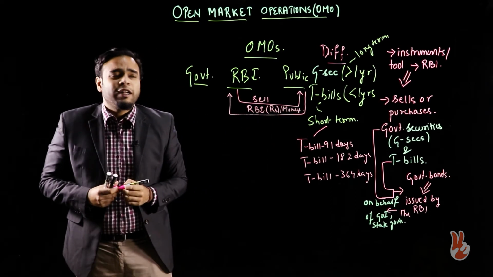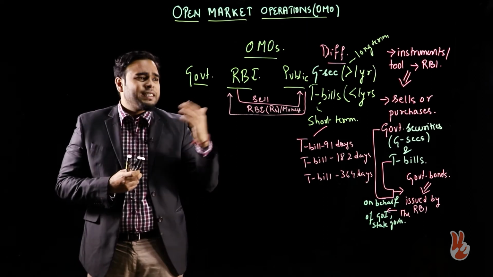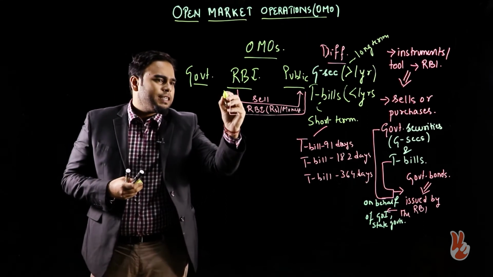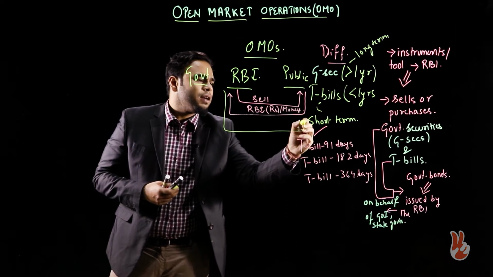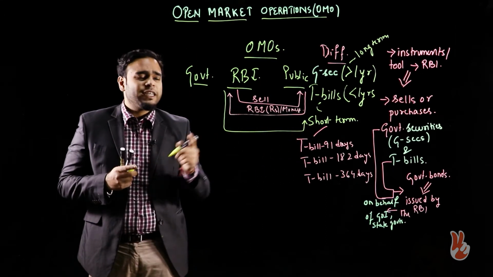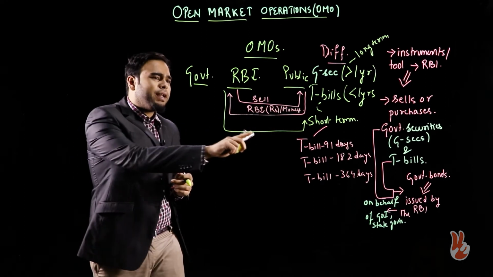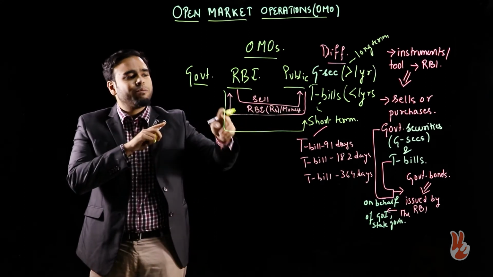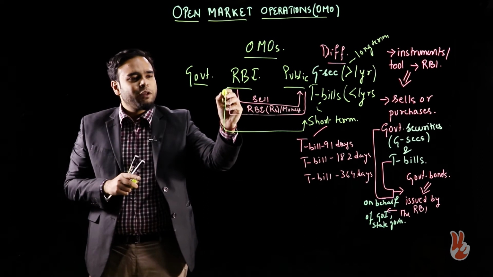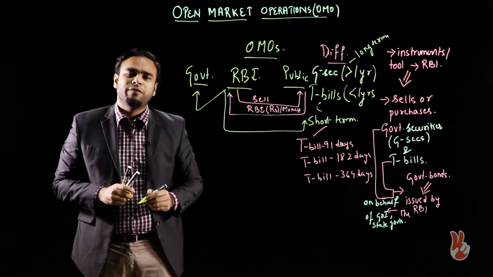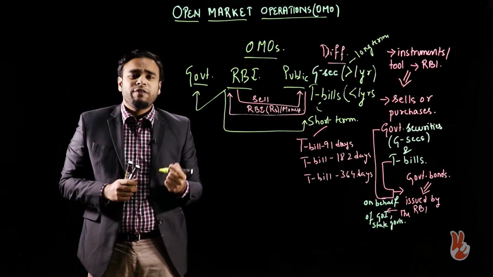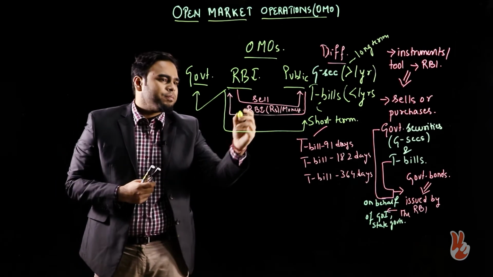Fine. Now suppose the RBI sells it. This is the RBI. Now RBI will, in the first example what did we say? That RBI is selling the government securities to the public and the public in turn will give money to the RBI and this money will then go to whom? To the government. Fine. Next, what if the RBI purchases it?